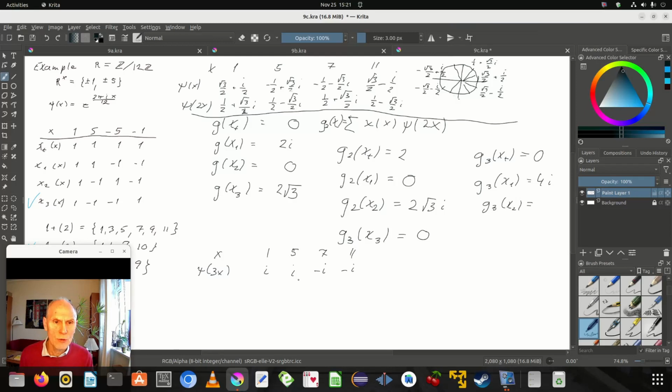Here we add these two naught and these two naught. We add these two naught and these two naught. That gives naught as well as it should.